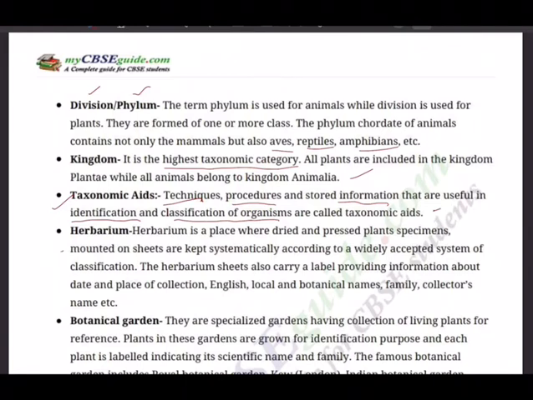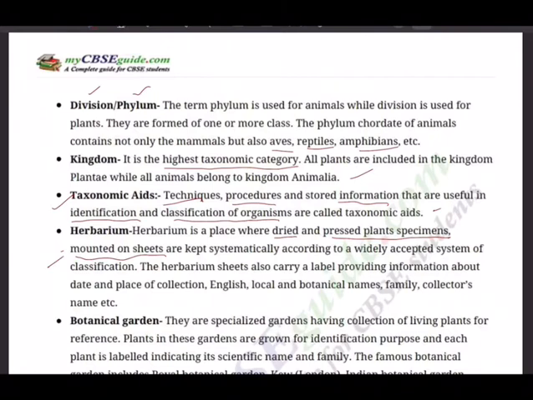Like the herbarium we use, and I'm sure you will be preparing this class-wise or house-wise. Herbarium is a place where dried and pressed plant specimens mounted on sheets are kept systematically according to a widely accepted system of classification.